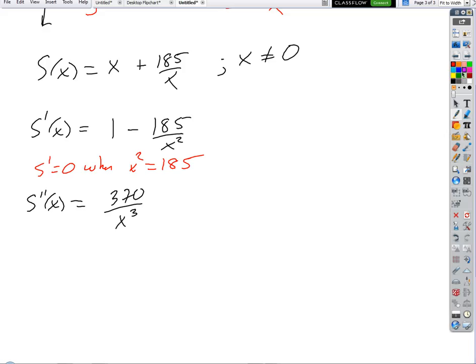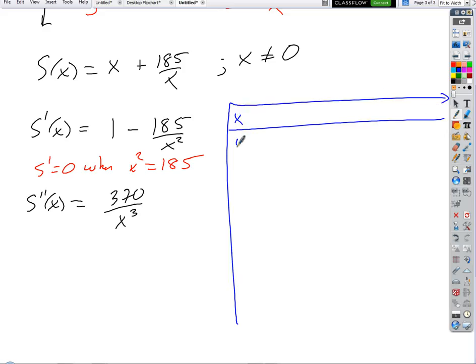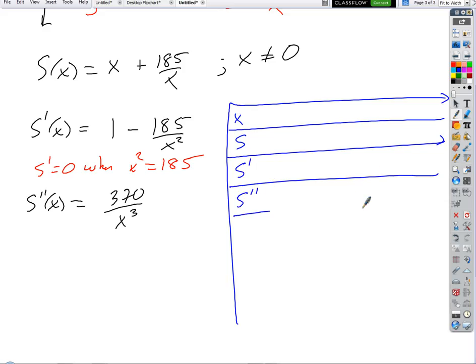So in our table then, we called it capital S, right? We had 0, where the function is undefined, so what's at 0? Asymptote.